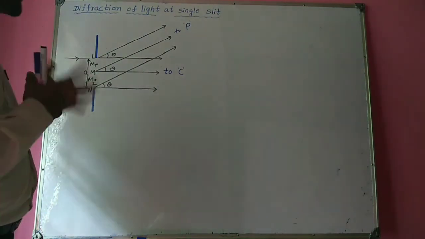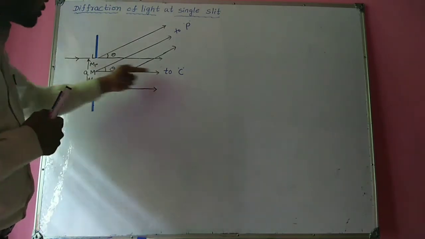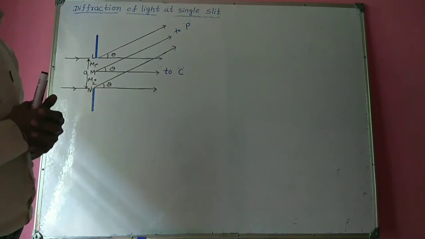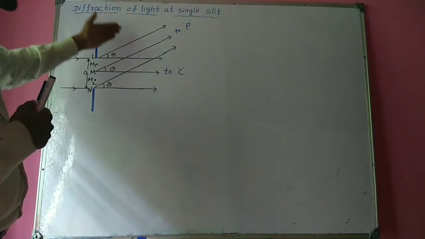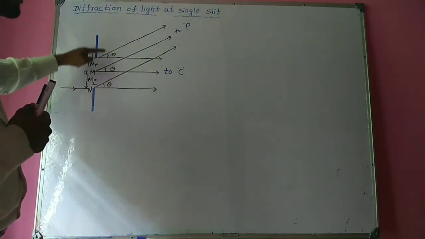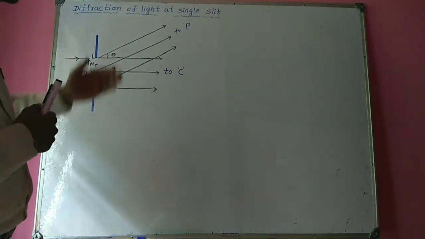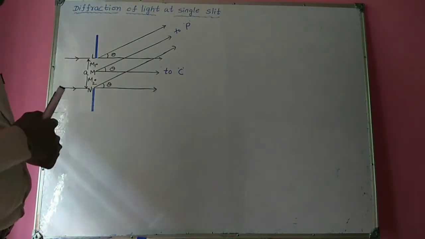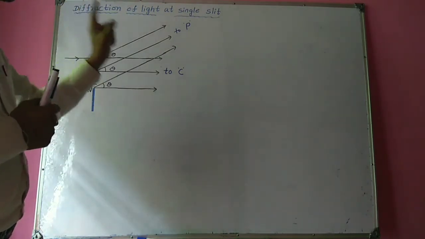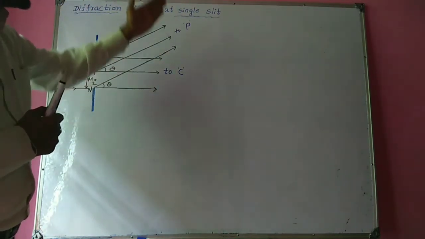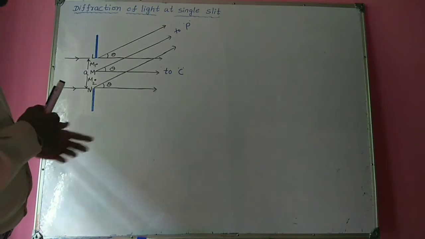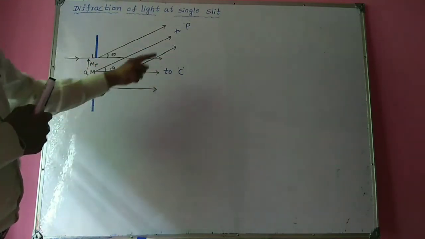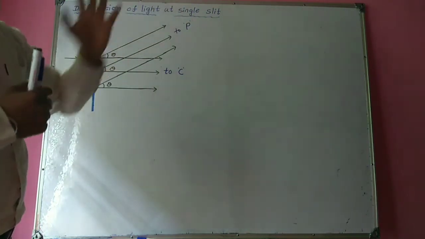The secondary wavelets parallel to the direction of MC tend to meet at the point C, and the secondary wavelets making an angle theta with the direction of MC tend to focus at point P. Now, the intensity of light at point C and at point P depends on the path difference between the paths reaching the points C and P.